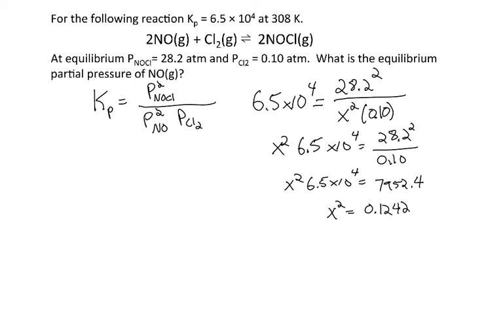And then finally, I'll take the square root of both sides to get x. All right, and as long as we're careful and always use atmospheres when we're working with Kps, when we calculate the partial pressure, our result will always be in atmospheres.